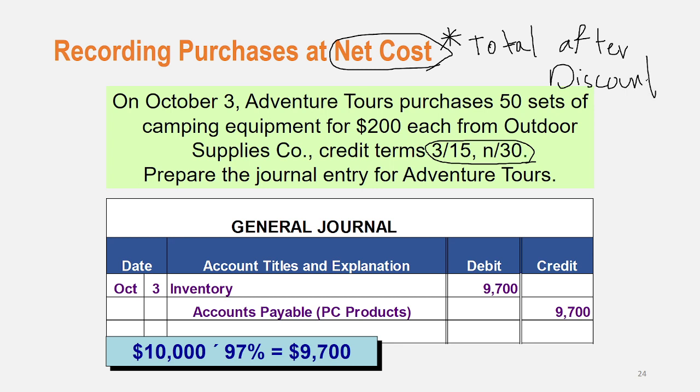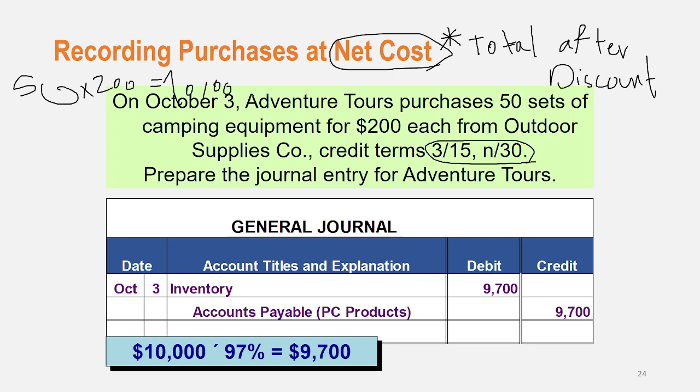Okay, but before finding the total amount after discount, we should find the total amount. As we know, we purchased 50 sets of camping equipment and each camping set's price is $200. So the total amount equals $10,000.